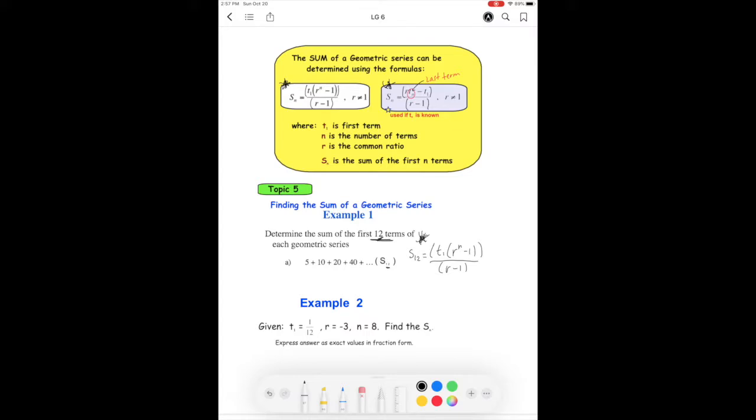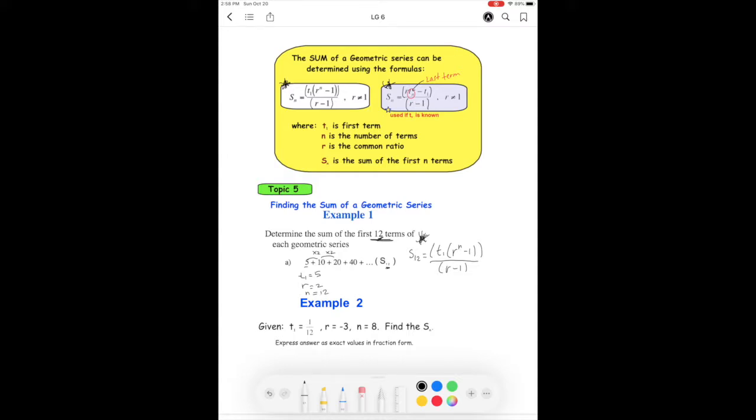Okay, so what do we know in this question? Well, we know that 5 is the T1. And we know the ratio going from each is we're timesing by 2. So we know the ratio is 2. And we know the n, it tells us right there, is 12.